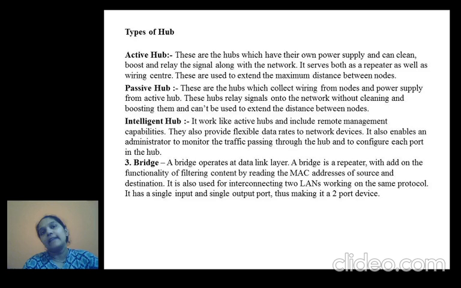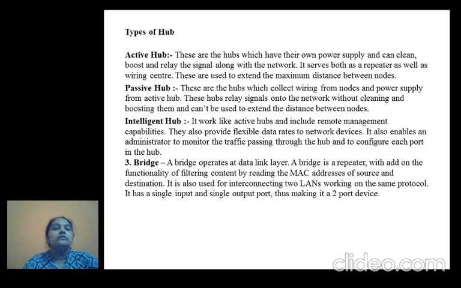It understands which path is best for sending data from one node to another. But in the active and passive hubs, we do not have that intelligence to know how to send packets between the nodes. You just take the packet and send it to another node.